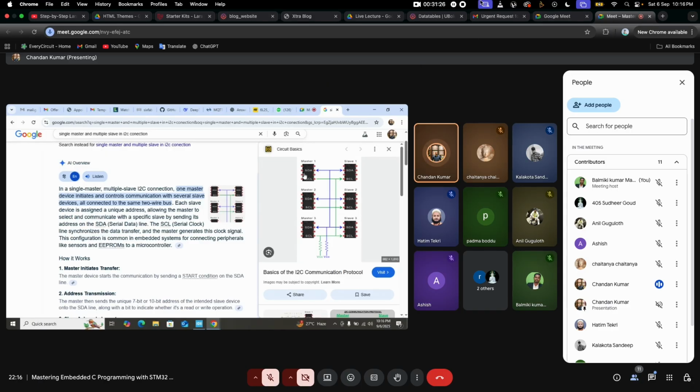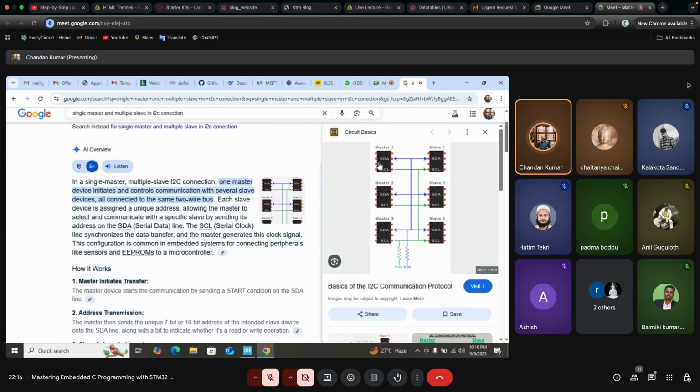There is a theory, and I will teach you in detail. But I'll just give you overview right now. This clock pin is responsible for transmission or receiving of data. For selection of slave, this clock pin is used. How?